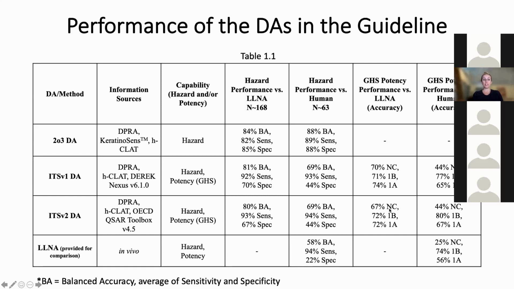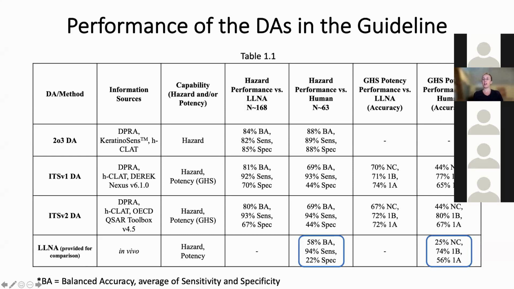And then importantly, when we compare to the human reference data, we really do much better than the LLNA. So here you can see in these columns, this is the hazard performance versus the human reference data for each of the three defined approaches as compared to the LLNA performance against the human reference data.